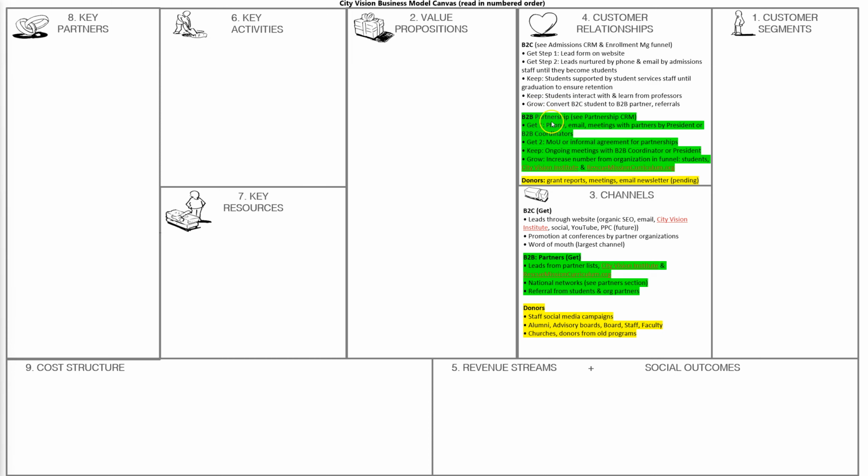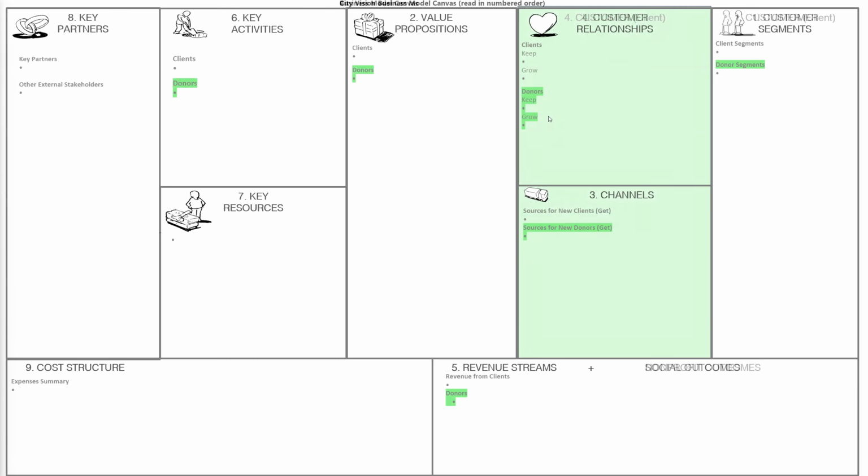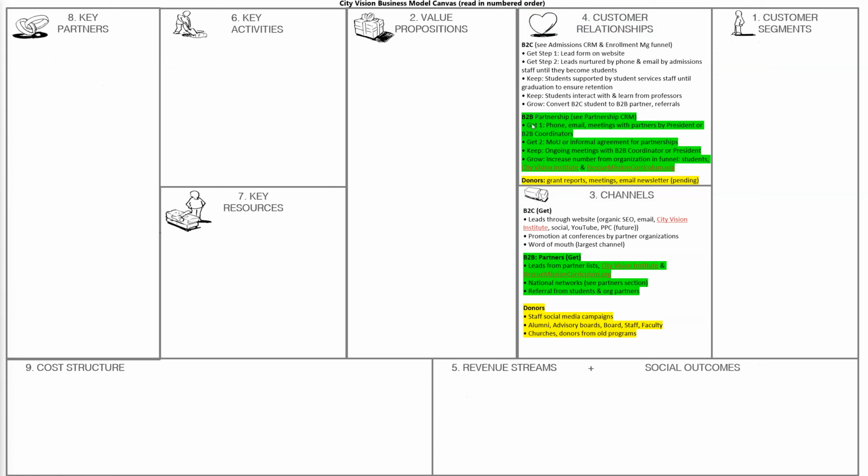That gets into partnerships. This is a tricky part, because in the model before, I showed only keep and grow. But the question is, do you put get up here? Well, you put get here if this is an individual-based, more like a sales process. If it's a major donor officer out seeking other major donors, then that could be a get, if someone's going to go straight into being a major donor.